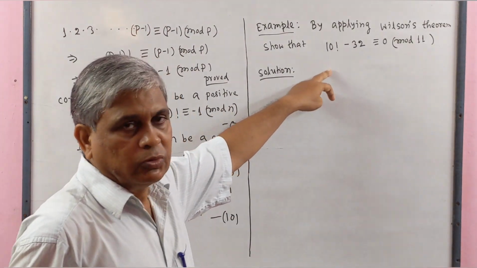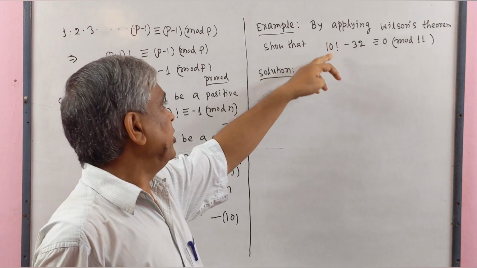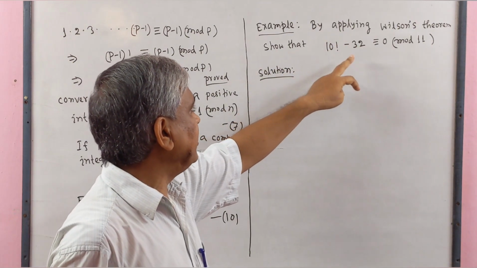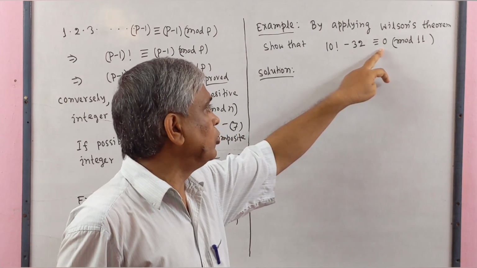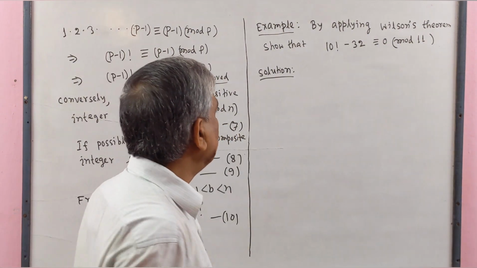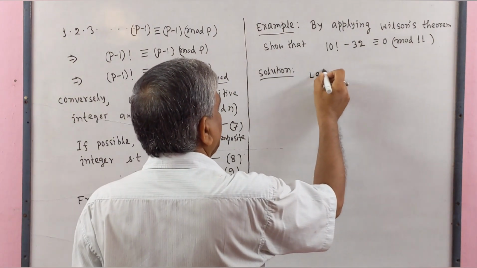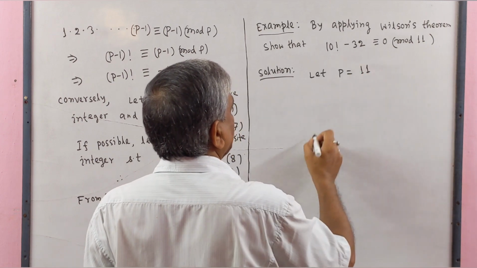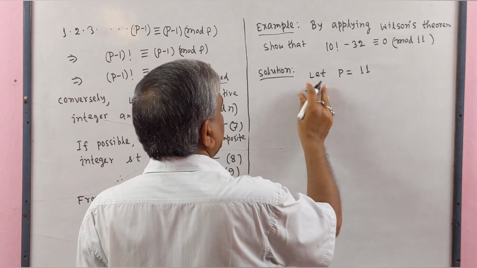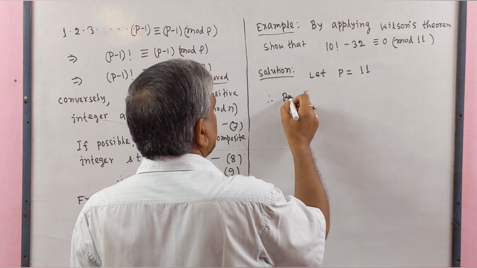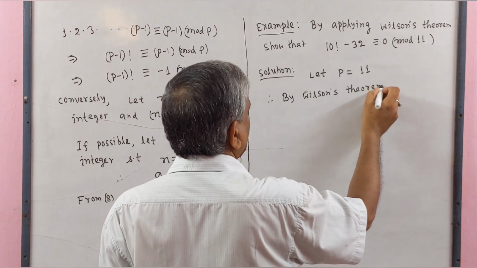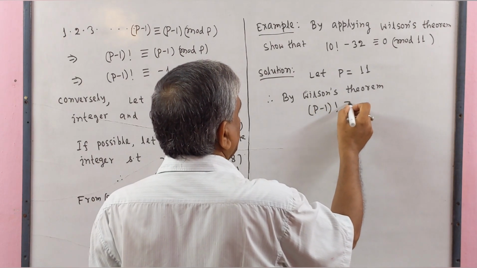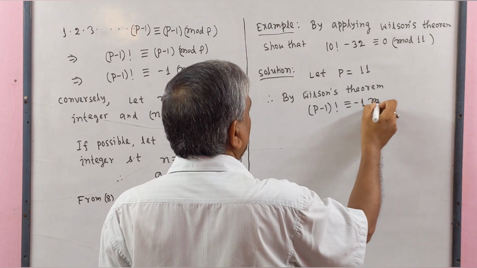Now, we give an example in which, by applying Wilson's theorem, we show that factorial 10 minus 32 is congruent to 0 modulo 11. Let p equal to 11. Therefore, by Wilson theorem, factorial p minus 1 is congruent to minus 1 modulo p.